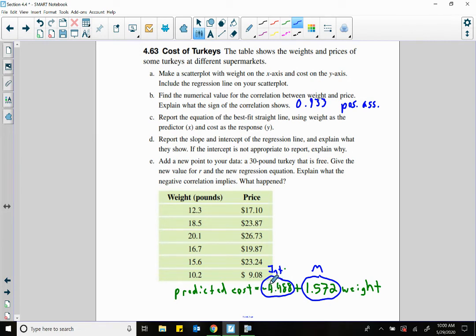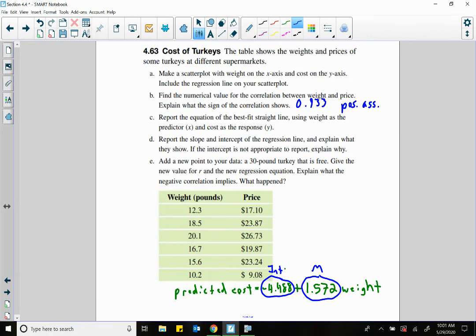So if I go up in a store and I say, hey, I've got this turkey that weighs nothing, in other words, I don't have a turkey, you're going to give me $4.49. Yeah, they're going to look at me like I'm stupid, and then they're going to call security, because I'm telling them that the store owes me $4.49 for nothing. So the intercept is not appropriate, okay, because it doesn't make any sense.